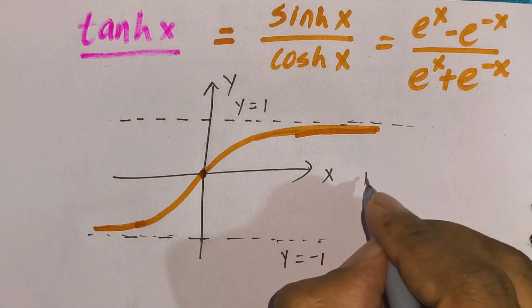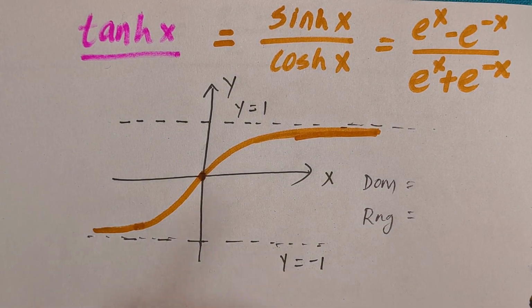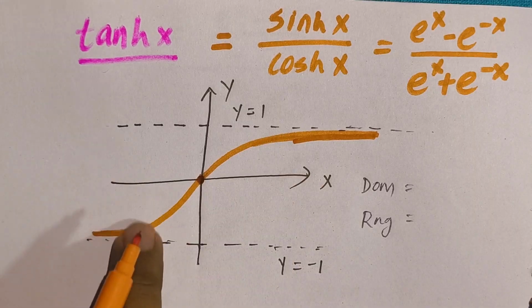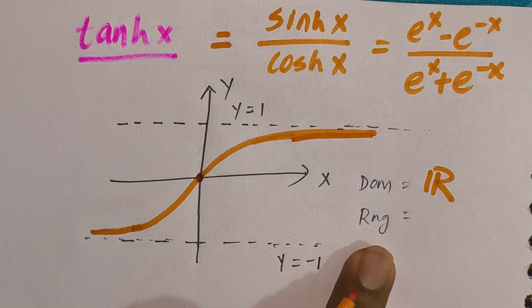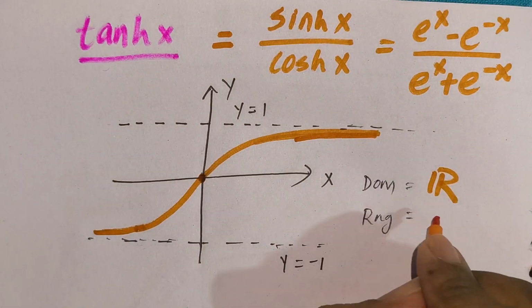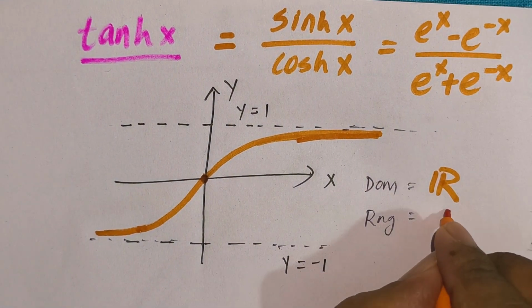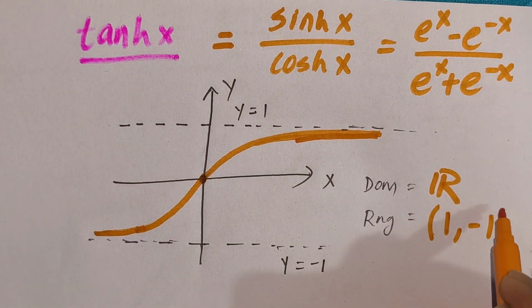What is its domain and what is its range? Domain means the set of all x values you can put. You can put any x, you have one height. So the domain is the set of all real numbers. What is its range? Range is the set of all y values. Y values lie between minus 1 and 1. It never touches 1, so 1 is open.